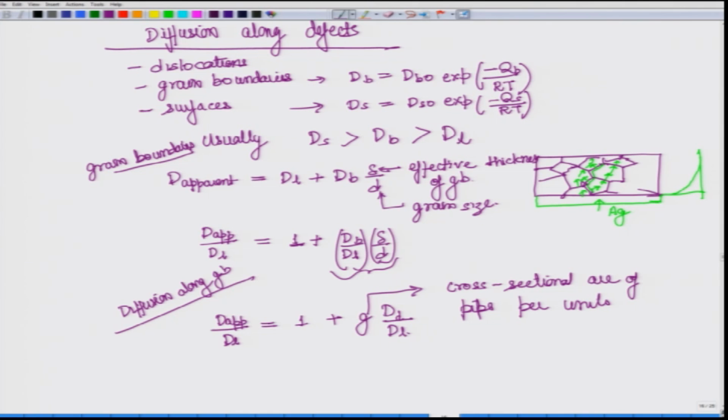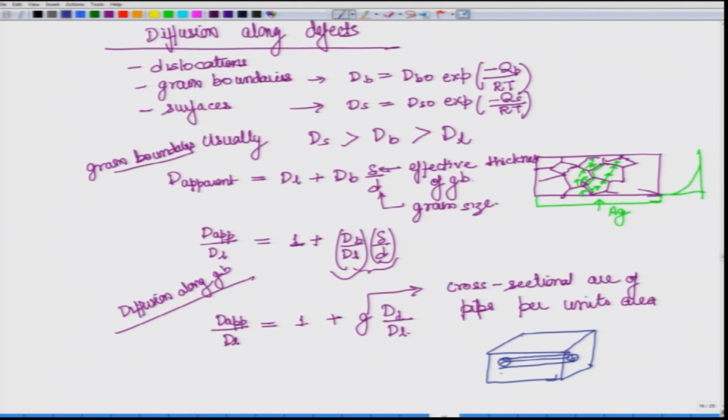What is this pipe we are talking about? So, let us say we have again a crystal like this, and inside these crystals you have defects, dislocations like this. So, along this will form a pipe along which the diffusion would be much faster.